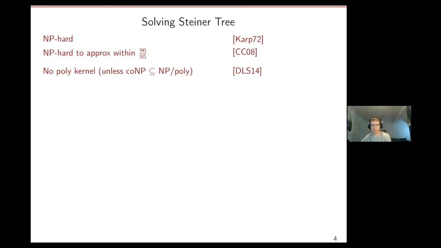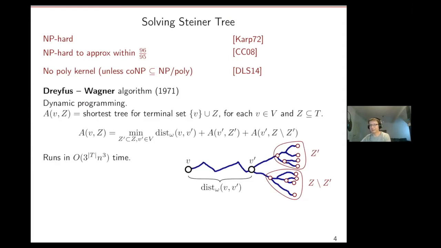So we have a lot of bad news, but still, in the parameterized complexity community, it is known as a very nice problem because it is FPT if the parameter is the number of terminals. And this algorithm predates parameterized complexity by a couple of decades. It's by Dreyfus and Wagner, and it is basically a dynamic programming algorithm.